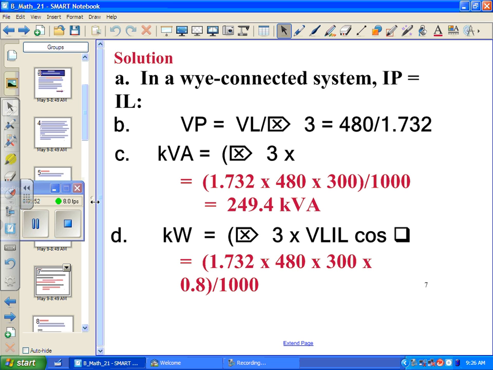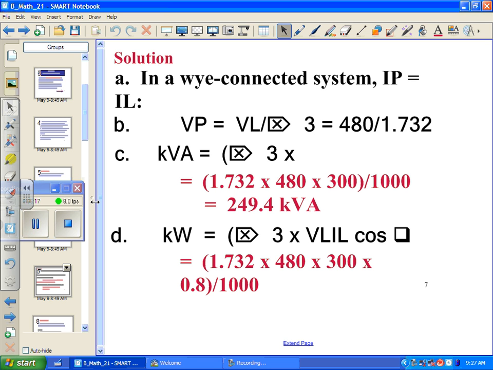I think they made a mistake. Oh, the kVA is square root of 3. They're using line total. Square root of 3 times 480, which is the line voltage, times the line current. The line current is 300, and they want to turn that into kVA.